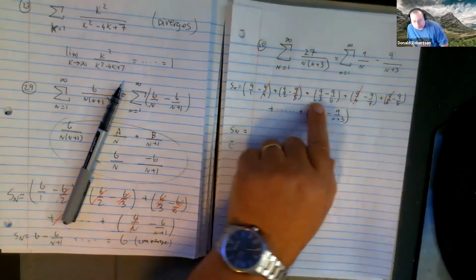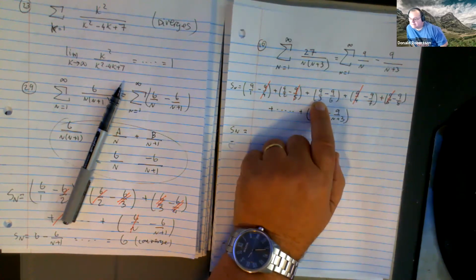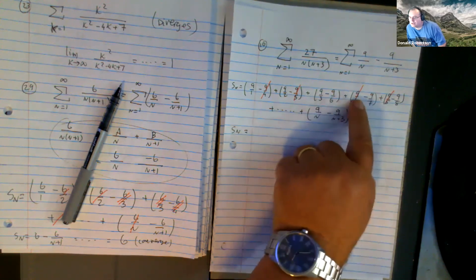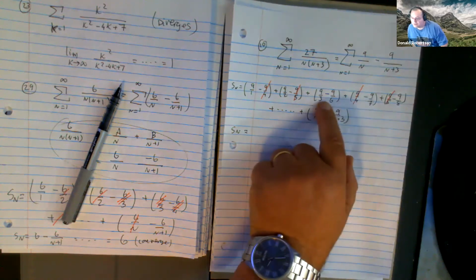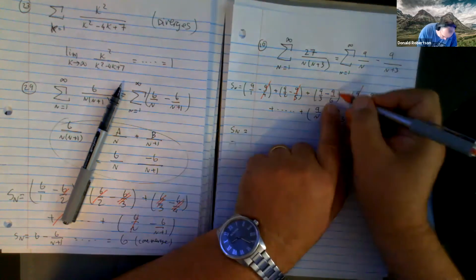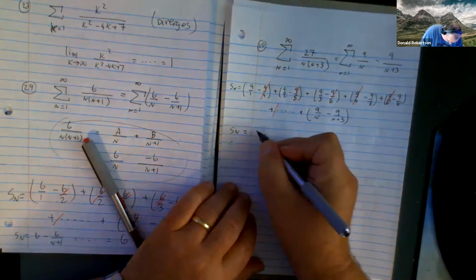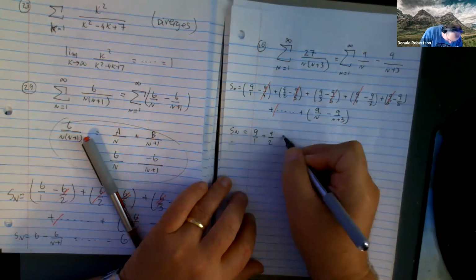Now, what about one more guy? Does that 9 over 3 make it out alive? If you look at what's coming after it, is there any chance that there's going to be a 9 over 3 over here? No, that one lives. You're going to trust me on one. This one here gets killed off by somebody there. Now that means that there's a 9 over 1 living, there's a 9 over 2 living, and there's a 9 over 3.